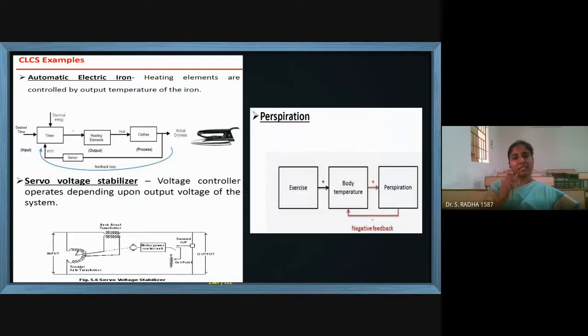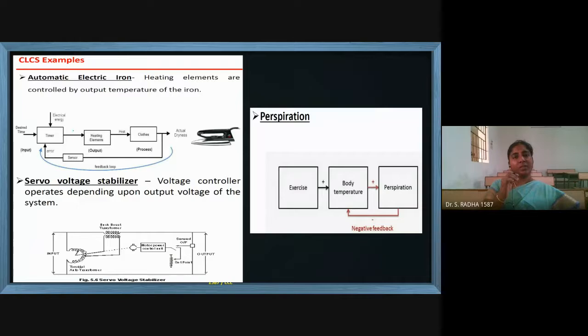And perspiration, for example, if you are doing exercise, it may be walking or running. If your walk is normal, your breathing level will be based on that. If you are running, after running for half a kilometer, your breathing will differ. That is based on the requirement of the body. All these are internally connected based on the requirement.